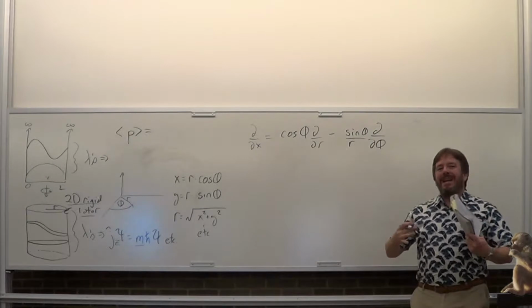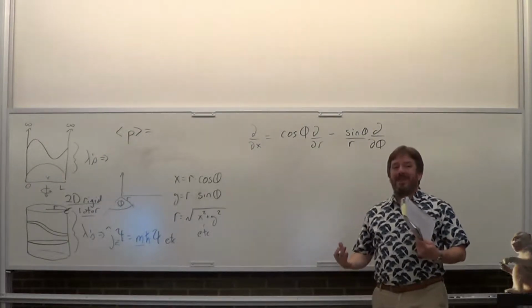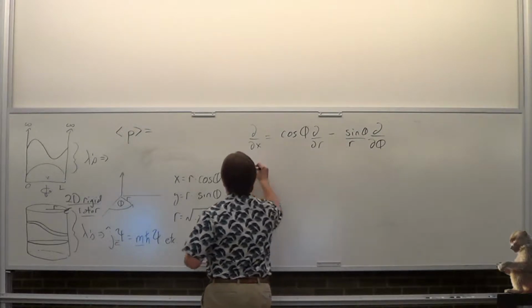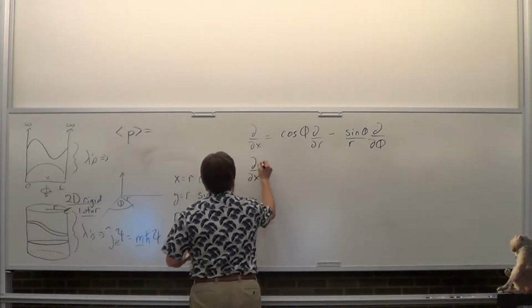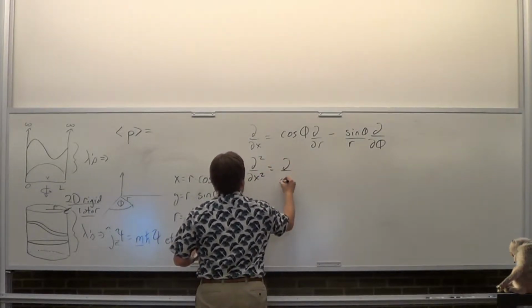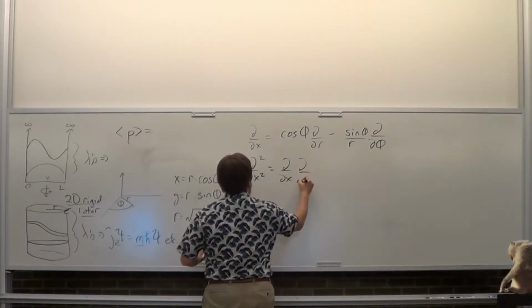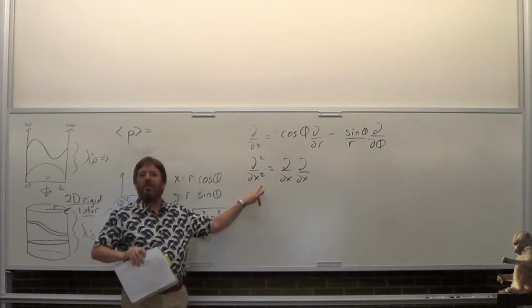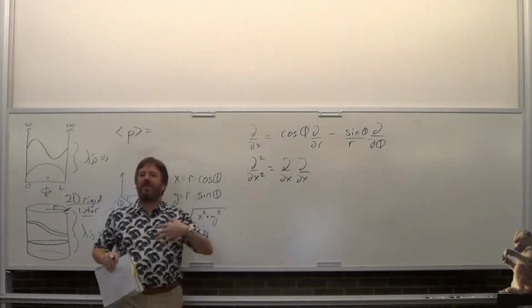Unfortunately, kinetic energy is double derivatives, not single derivatives. This is just the first derivative. And one of you was asking me, hey, wait a minute, is a double derivative the same thing as this? Think about how you solve this, right? You do one derivative and then you take the result of that and do it again.